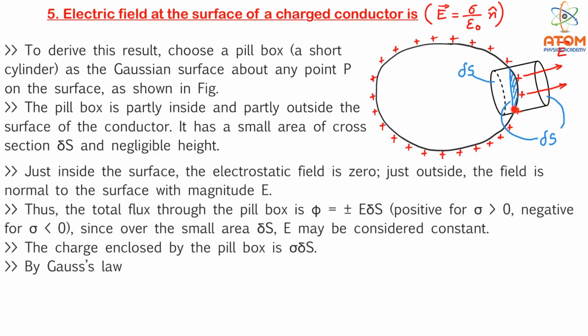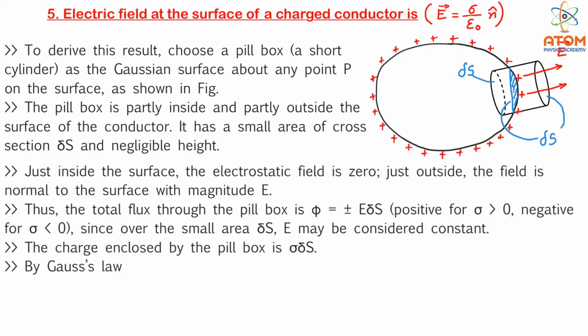Only this portion of the surface of the conductor has charge, and the area of this charged surface is delta S. Now, we are choosing this pillbox of very small size, so we can understand that the electric field can be considered almost perpendicular to the surface.